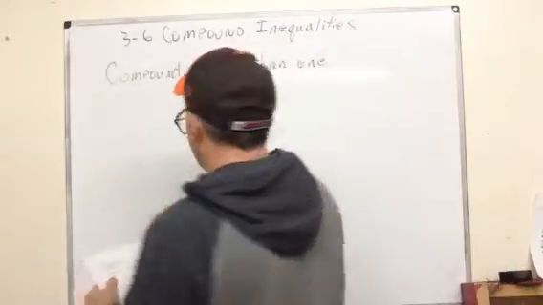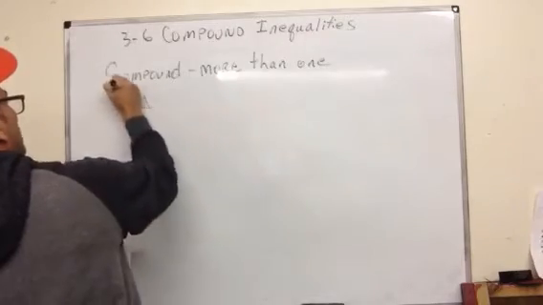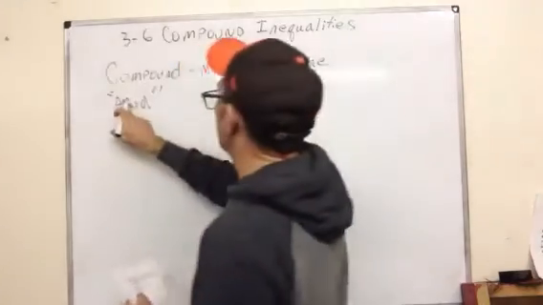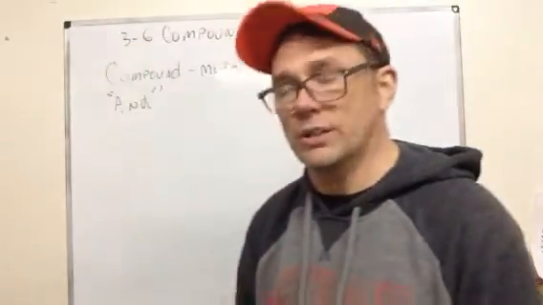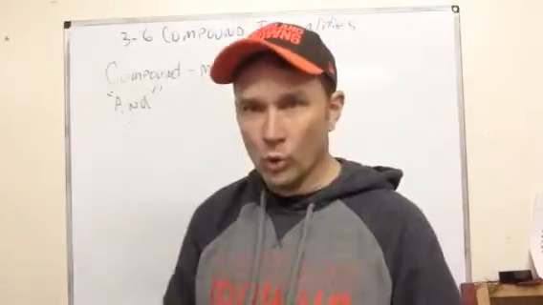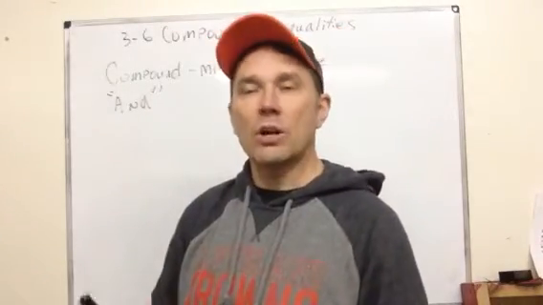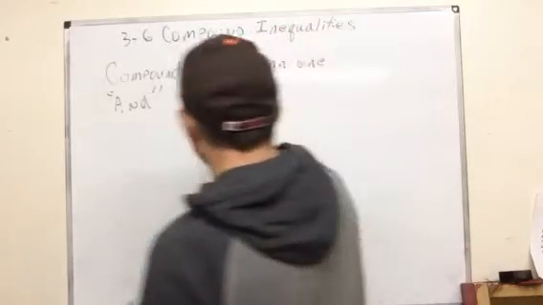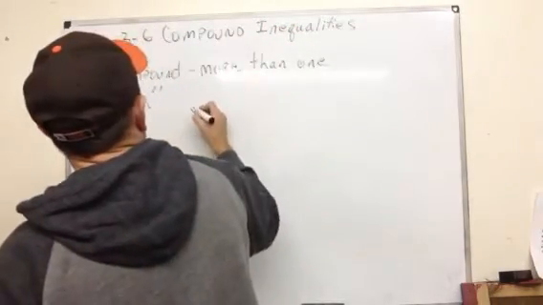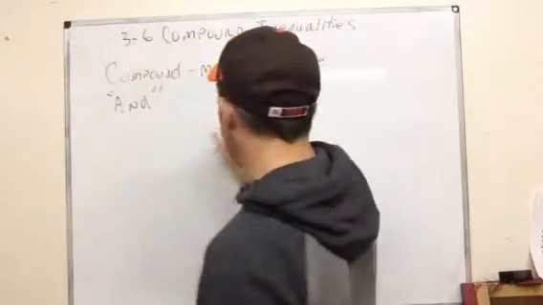So the first kind of compound inequality, there's two of them. The first one is the one that includes the word and. When we're looking at compound inequalities, we want to think about rules. If we're talking about a rule, one example is maybe we want x greater than 3.